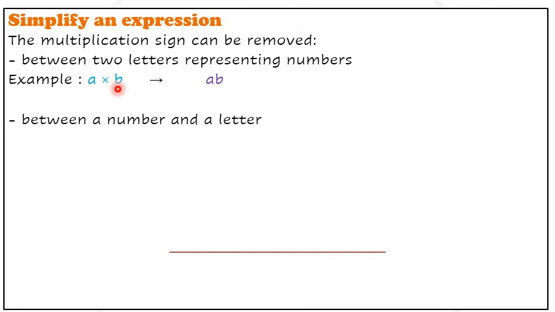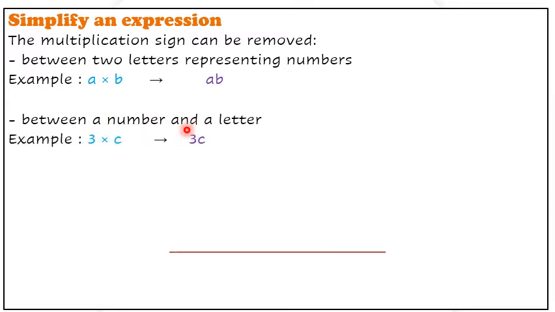M times N, MN. If I say AB, it's A times B. The second case: the multiplication sign can be removed if it's between a number and a letter.